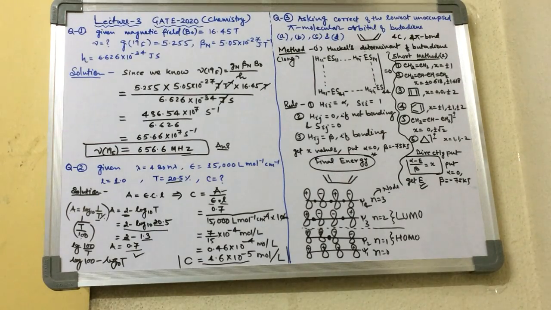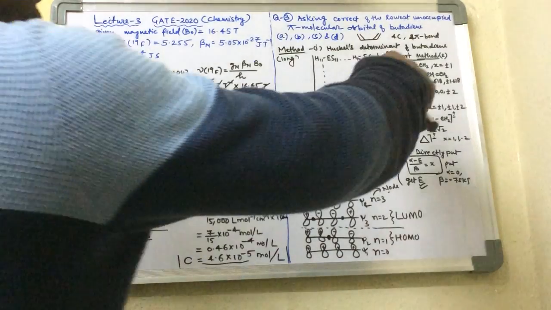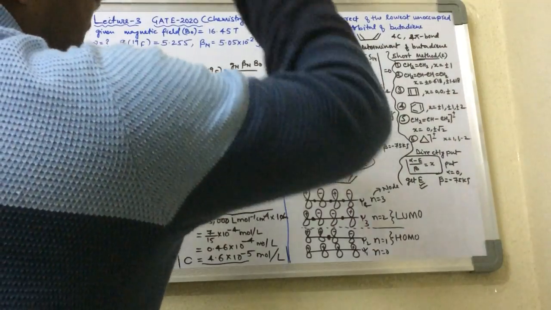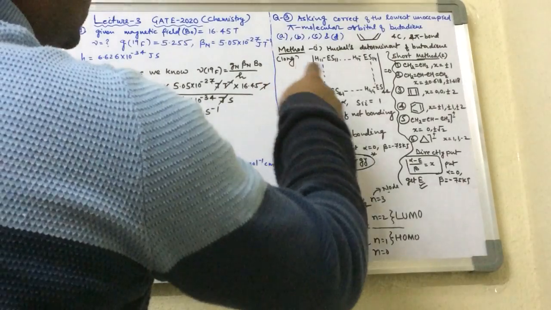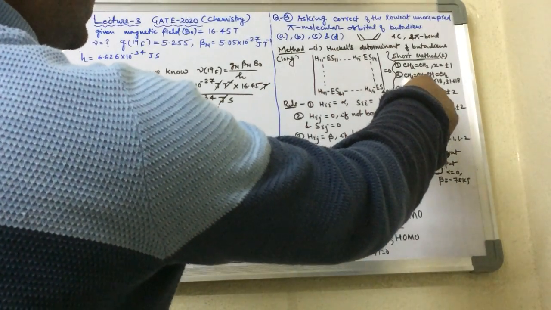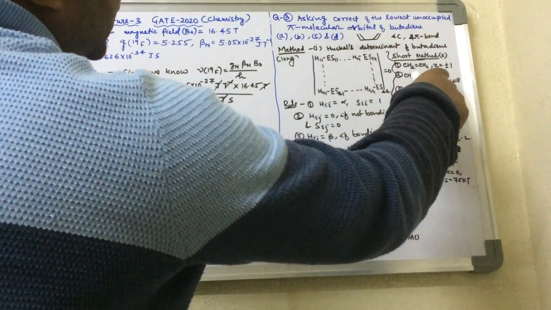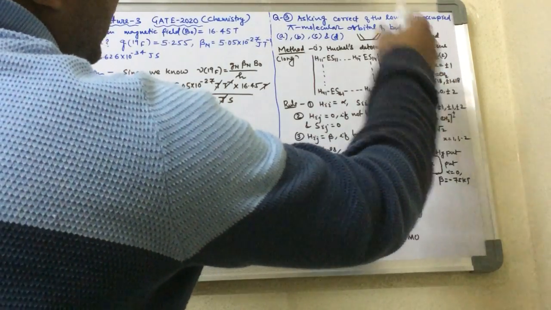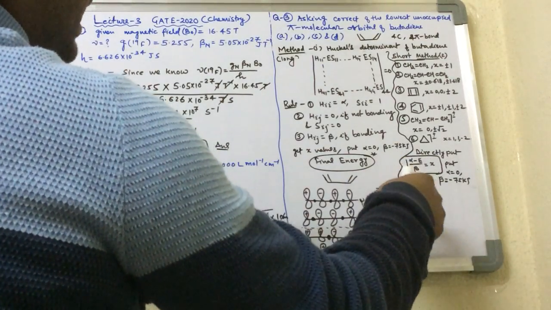These are the things mostly asked in several exams related to these exact molecules. In this question they have asked about butadiene. If you remember these things, you can directly put the x value in place here, and you will get the energy.